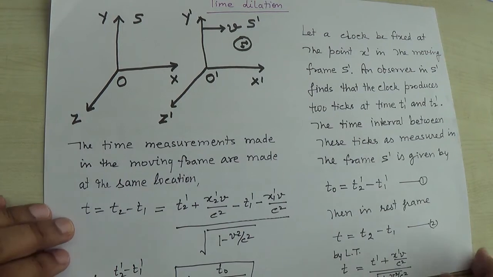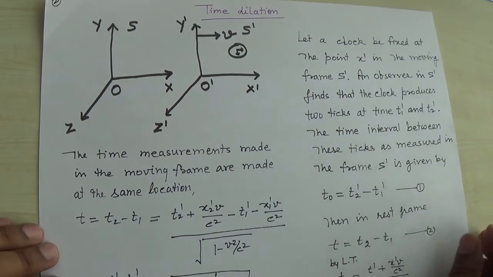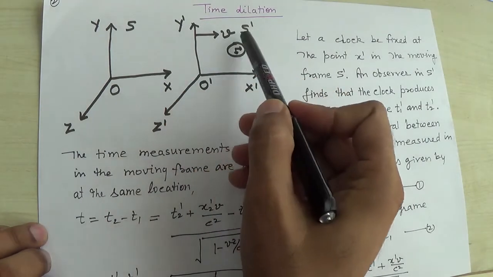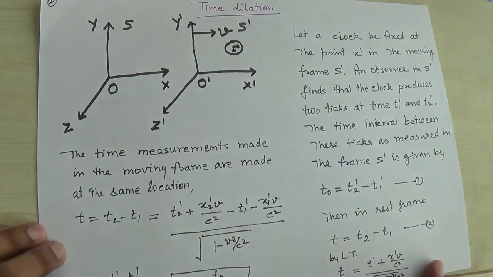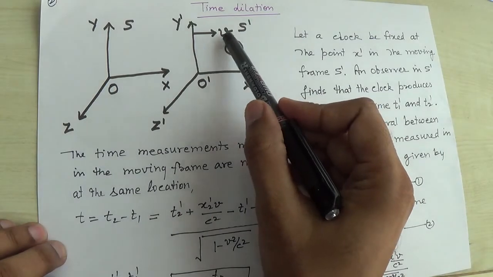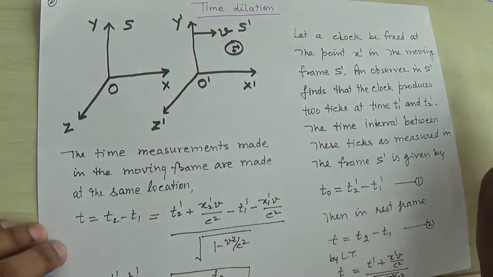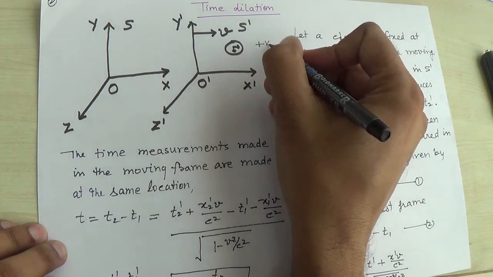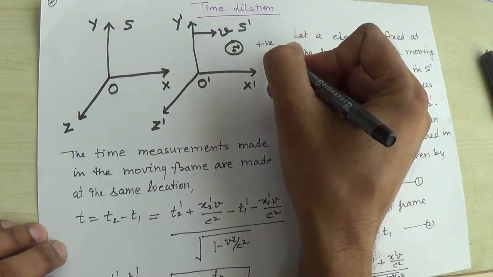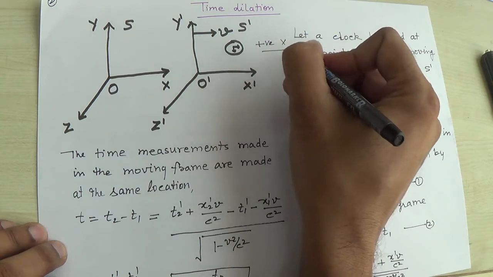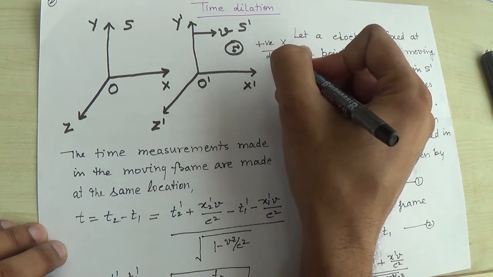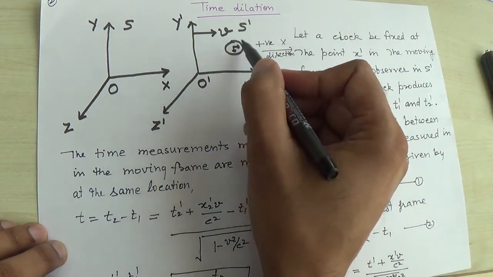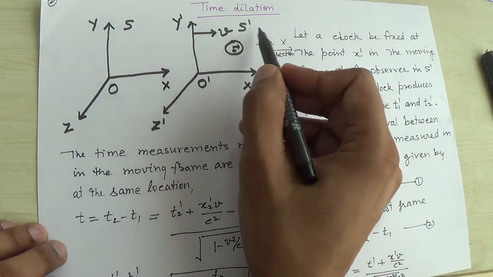Now the time dilation and its description. We have seen earlier that S and S prime are two frames of reference. The S prime frame is moving along the positive x direction with the relative speed v. A clock is fixed in this moving frame.